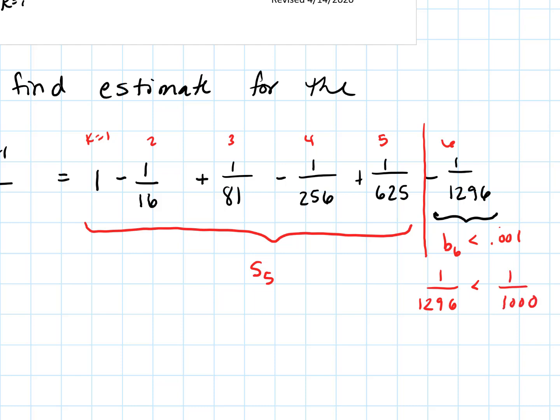So that's as far as we need to go. That's as far as needed for 3 decimals of accuracy.